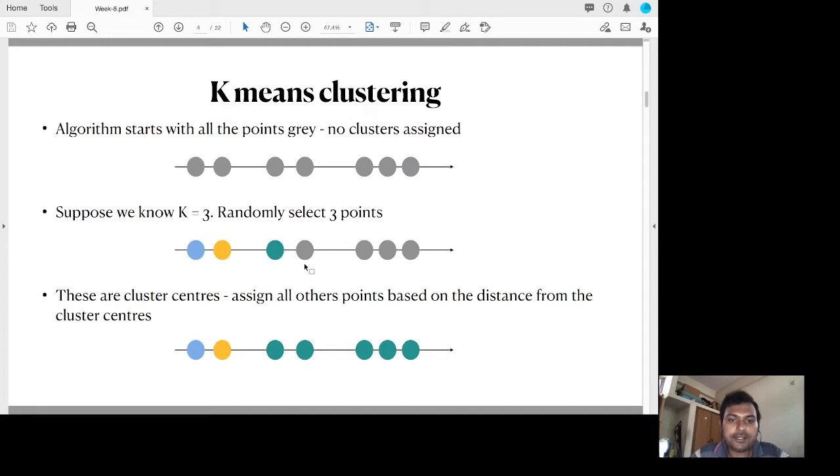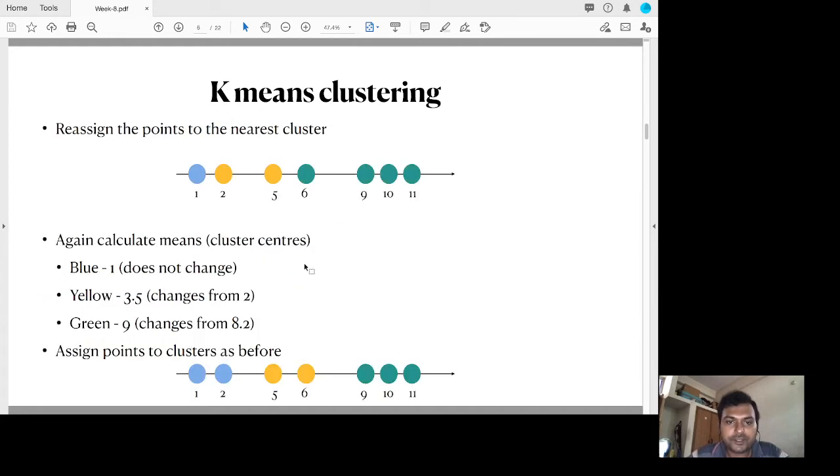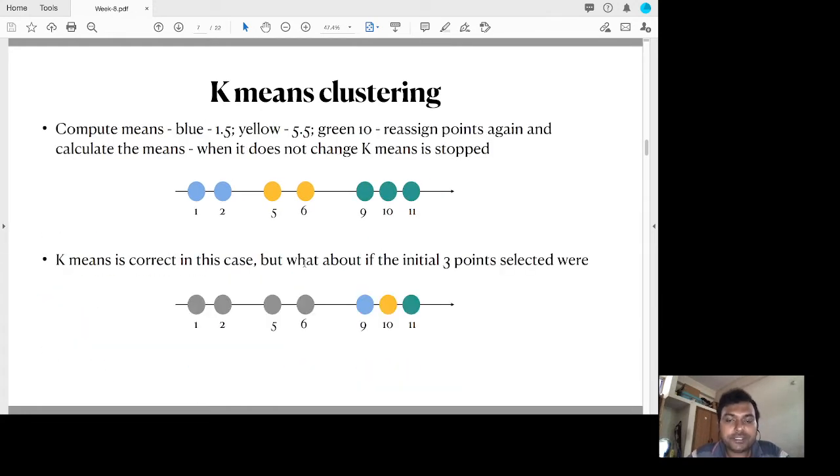Okay, so now with k-means, I started with 3 random points here. But this is a random selection of points, and that too I am showing k equal to 3 out of a group of 7 points. In practice you might have hundreds or thousands of points, and there can be many such random choices.